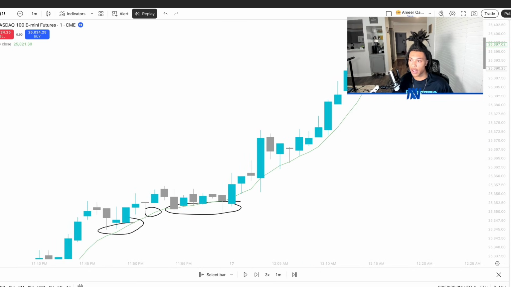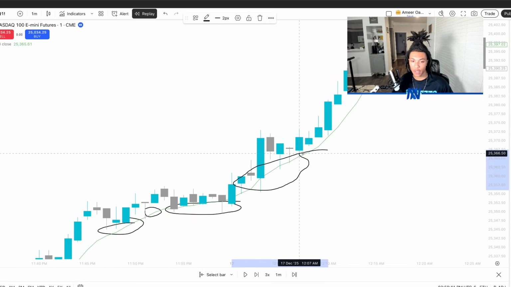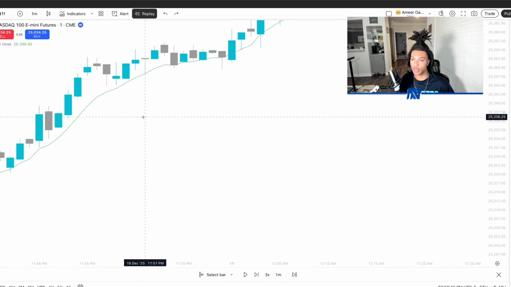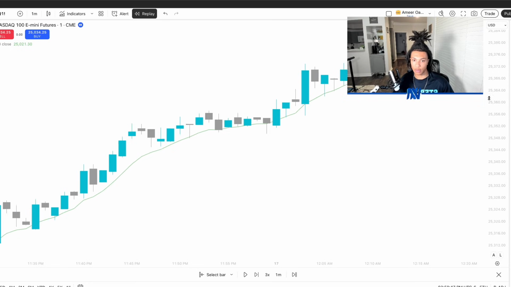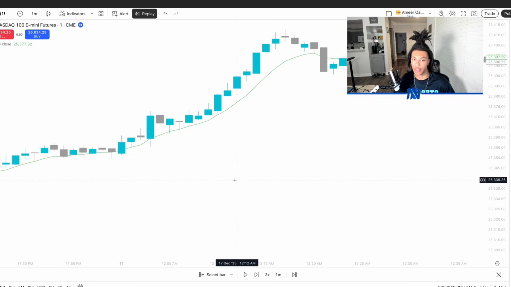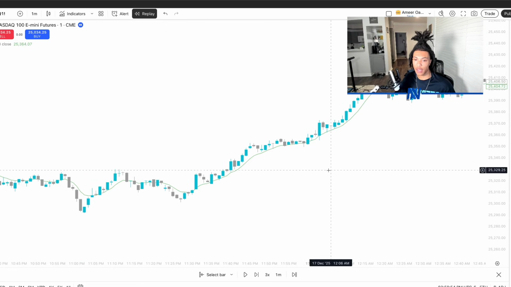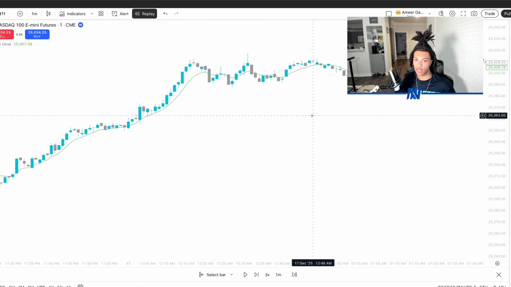Numerous trade opportunities that you can use to get in, whether you let the candle close or you just wait until it comes to the 8 EMA and then signal that it's still going to continue to the upside. Either way, it's still respecting this 8 EMA, and there's numerous trade opportunities there.